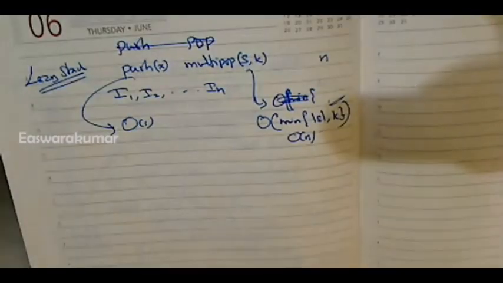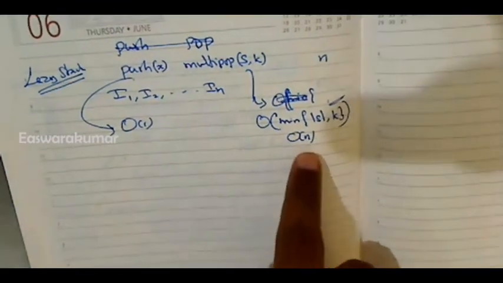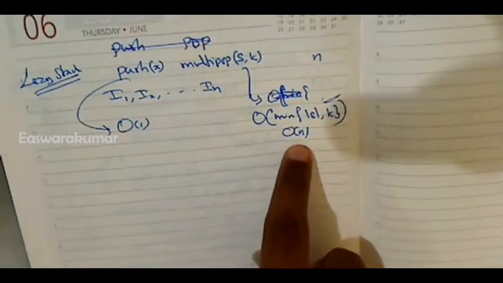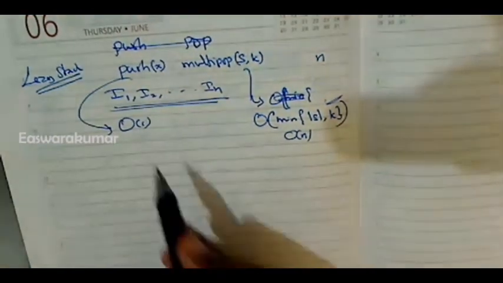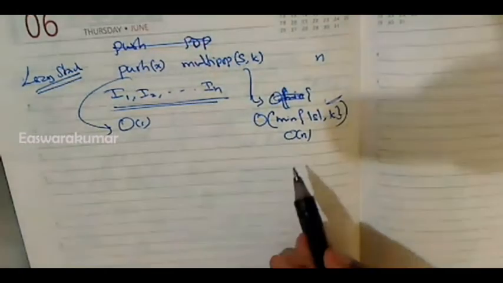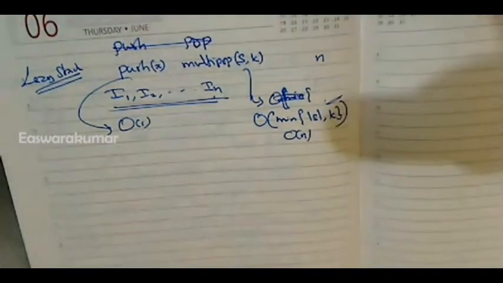It may not be order of n always, but as per our theoretical analysis, we assume that in the worst case we can remove all the elements in the stack, if the stack is full. So order of n time. And compared to push, this is larger. Therefore, when I have a sequence of instructions, if all the instructions are multi-pop, then I get the worst case value.